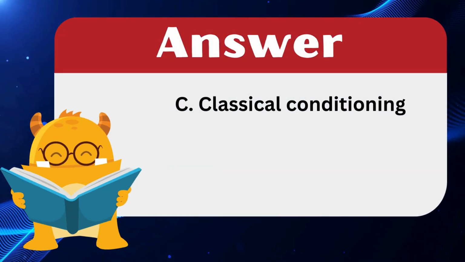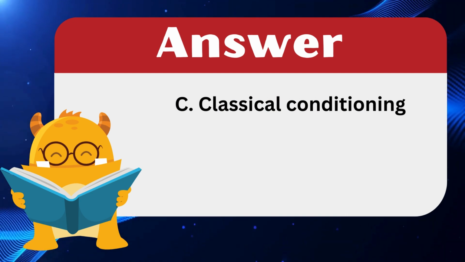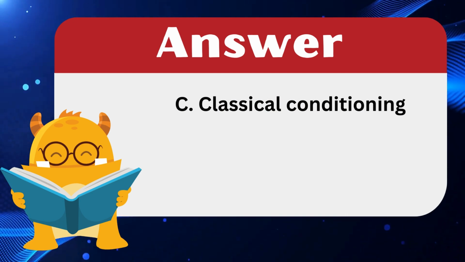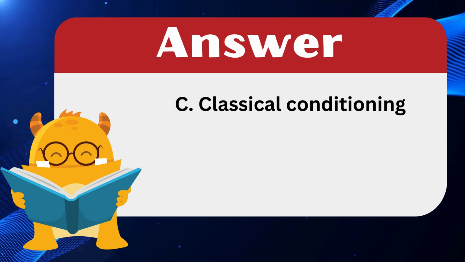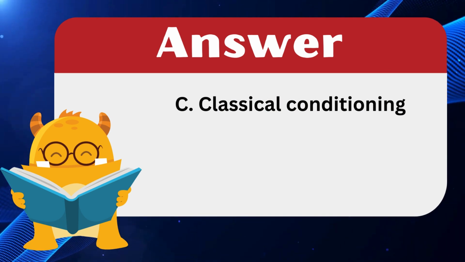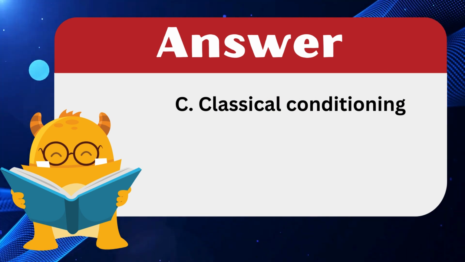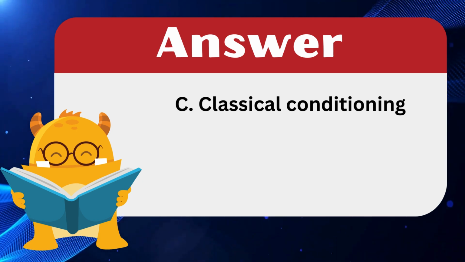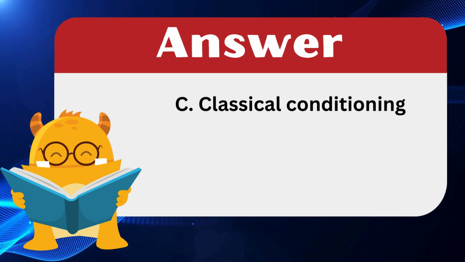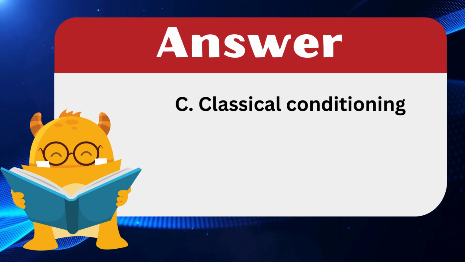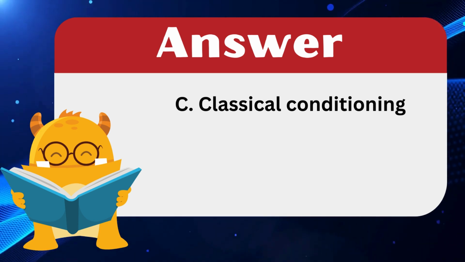C. Classical conditioning. Classical conditioning involves linking two stimuli to anticipate a response. This process, demonstrated in Pavlov's experiment with dogs, shows how neutral stimuli, like a bell, trigger a response, salivation, by pairing it with an unconditioned stimulus, like food.